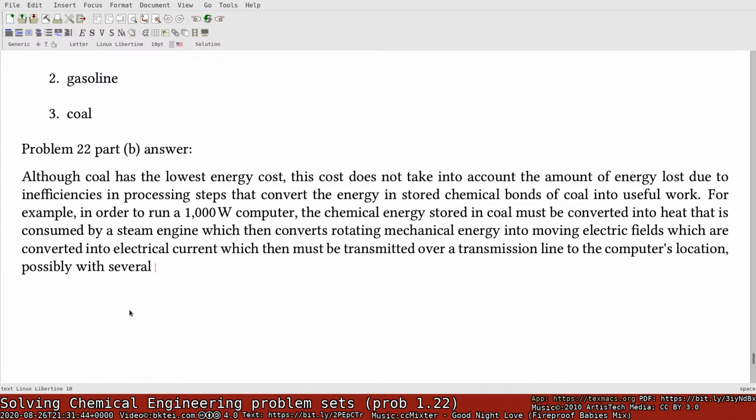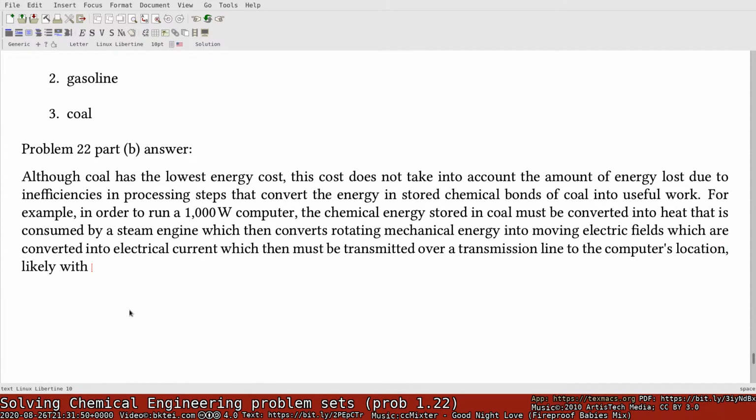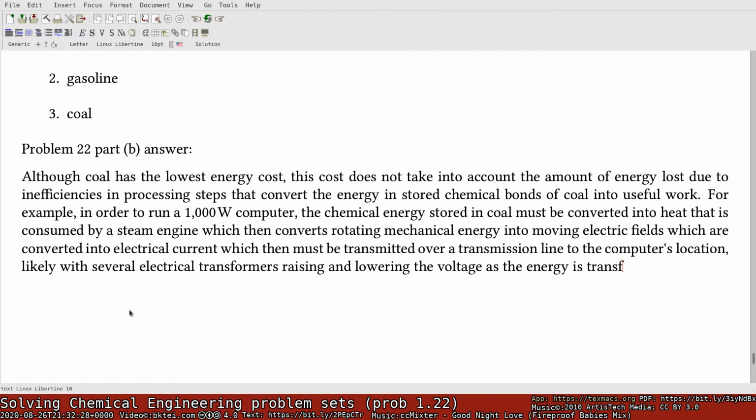likely with several electrical transformers, a voltage step up and step down, raising and lowering the voltage, as the energy is transferred.